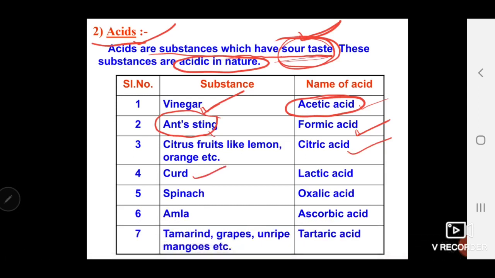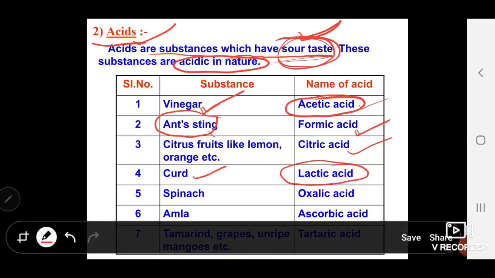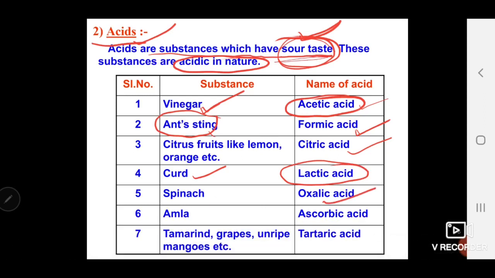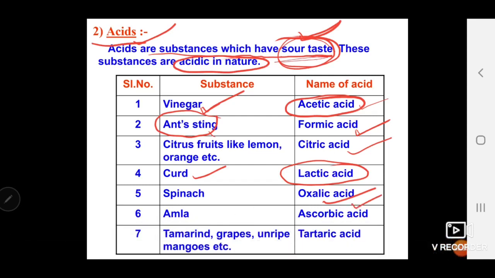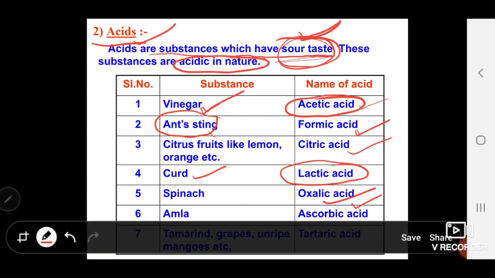And curd, this is very, very important, keep in mind, curd contains lactic acid. And spinach contains oxalic acid. And very important, amla. Amla is used in the treatment of many diseases and also to prepare many medicines, because it is very rich in ascorbic acid.